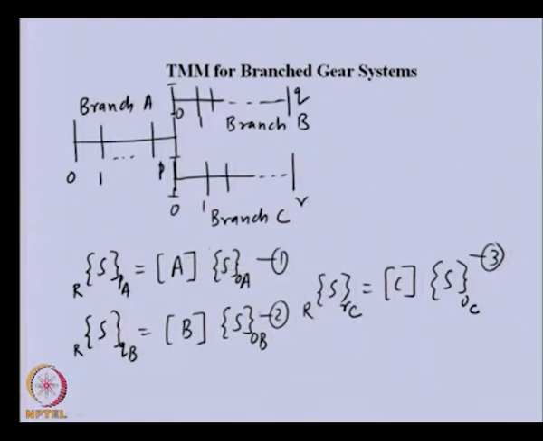Basically, we will try to satisfy the boundary conditions here, here, or here, at the junction point. And as we did earlier, we are assuming these rotors are mounted on frictionless support, so they can have torsional motion like this. Let us start with the branch A.